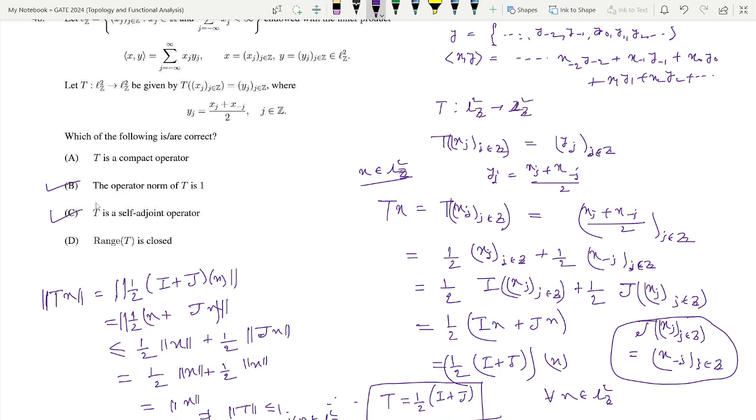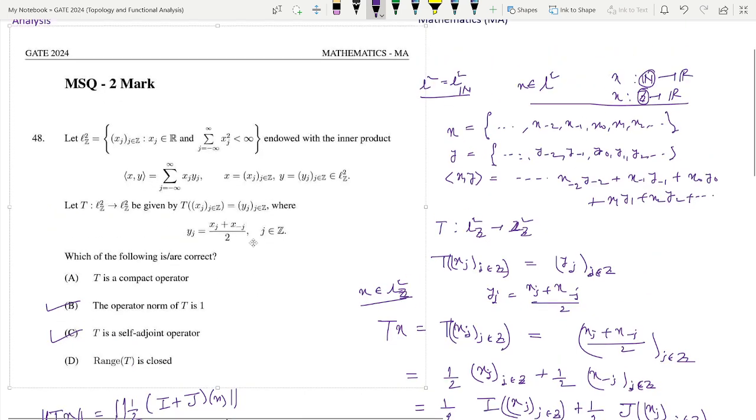Now come to option D, range of T is closed.